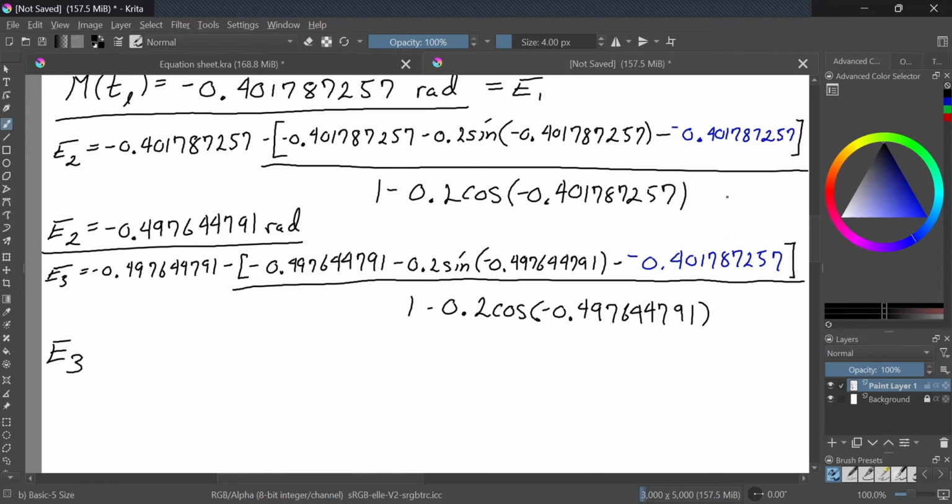It did not change. Doing that will give you an answer that is minus 0.497176406. So already a huge improvement. Instead of changing the hundredths place, second decimal, we now had a change in the fourth decimal.